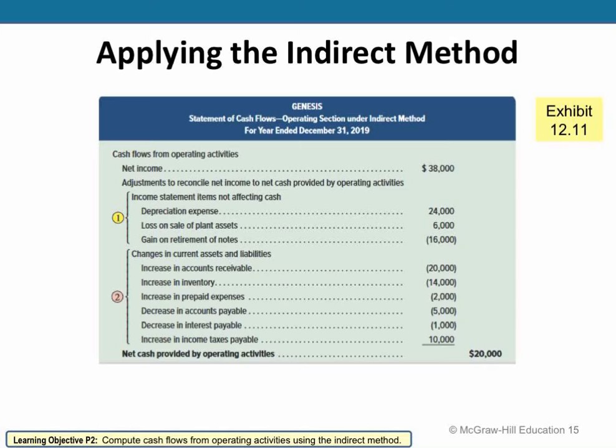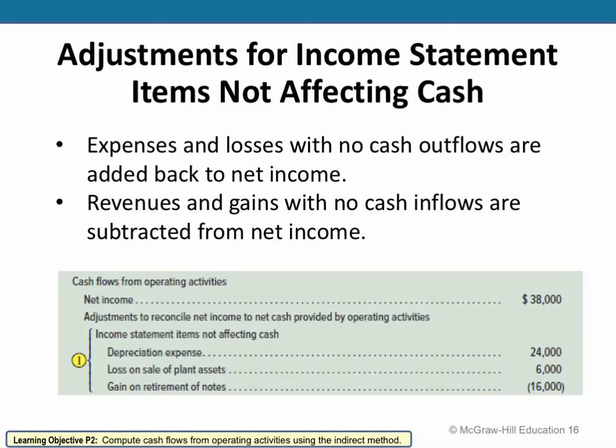So if we're applying the indirect method, what we're going to do is start with that $38,000 in income, and then we're going to make adjustments to it. The first set of adjustments that we have here is going to be adding back those accounts that might impact net income but will not impact cash flow.